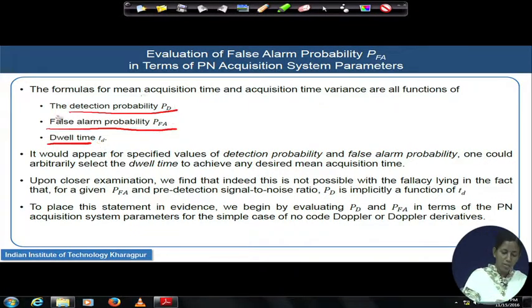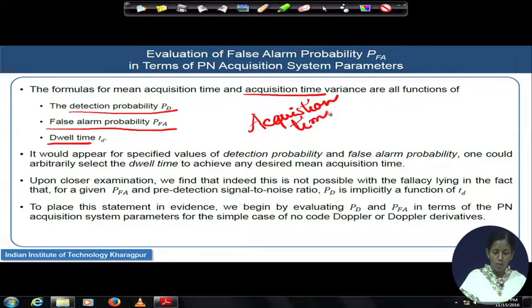Apart from all these three, we have a very important parameter called acquisition time. Remember, the acquisition time and dwell time are not the same thing. Dwell time is the integration time inside the detector. Acquisition time is the total time you take to declare that synchronization is achieved.